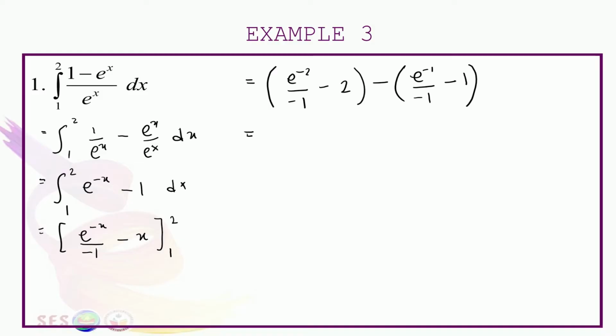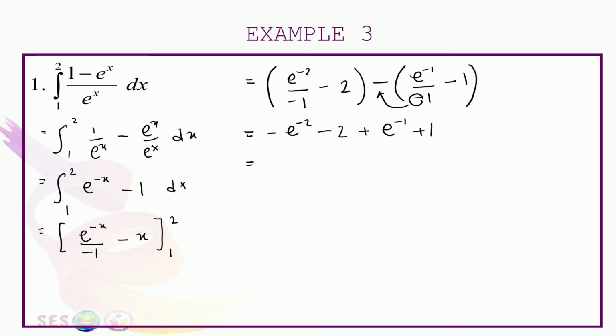So we have a negative e^(-2) minus 2, and then this one negative, so we have a plus e^(-1), and then we have a plus 1.